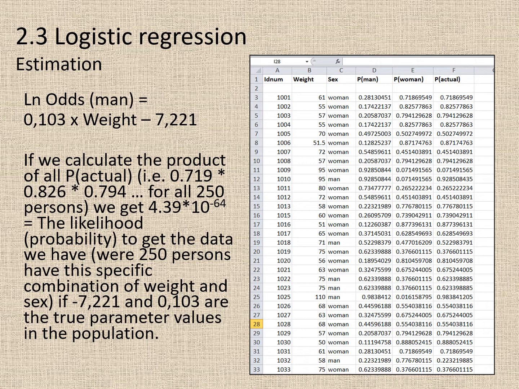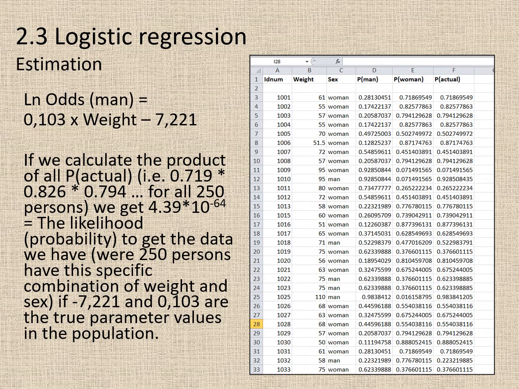That is the probability of getting this data set where people have these weights and these sexes if those are the true parameter values in the population. The likelihood, this probability, is really, really, really low. But it doesn't get better than that. That's maximum likelihood.